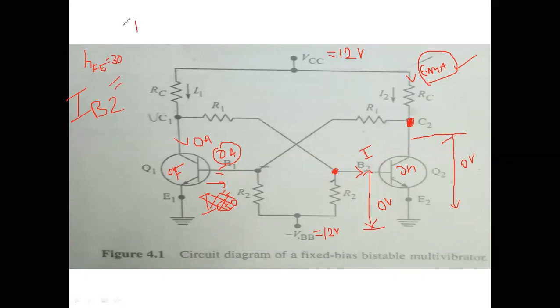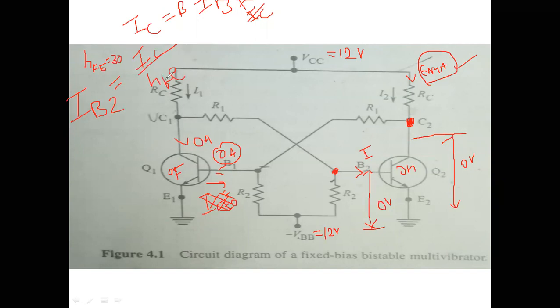For the on transistor, we know the relation IC equals beta into IB plus ICEO. We can neglect the ICEO current, which is small. Therefore, you get the IB value equal to IC divided by beta, or IC divided by HFE. HFE and beta are the same, both are forward gains.